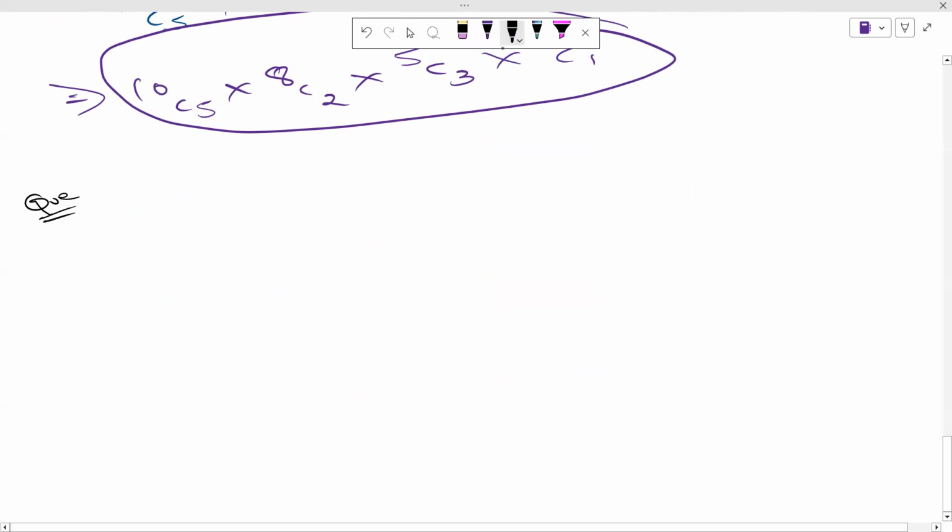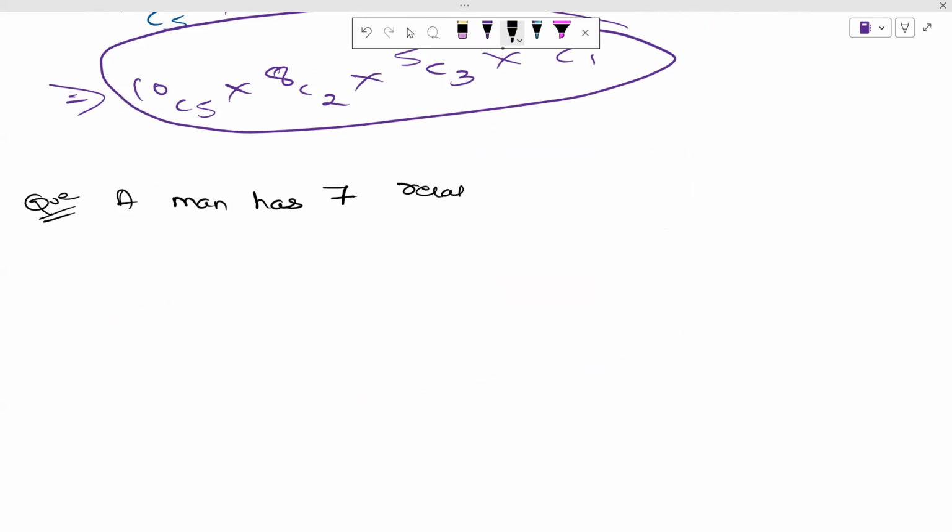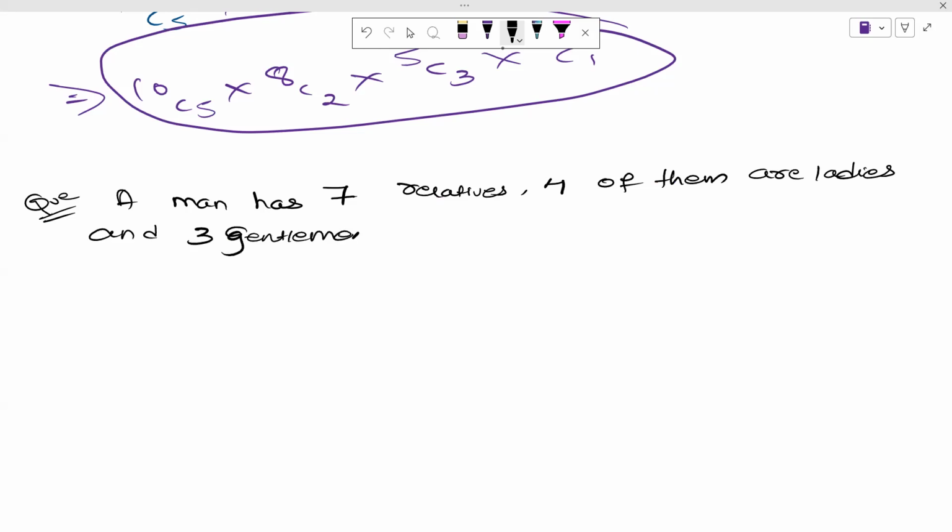A man has 7 relatives. 4 of them are ladies and 3 are gentlemen.